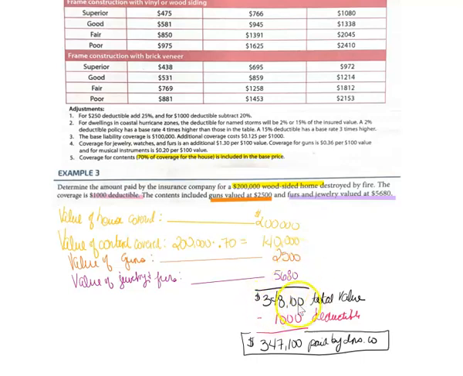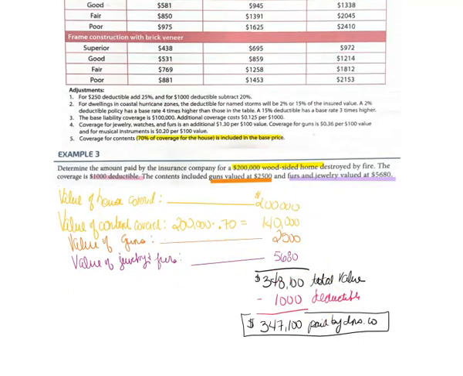When you add all that up, it's $348,100 total value. Their damage may have been more or less, but this is how much can be covered by insurance. This is how much their premiums have paid for.